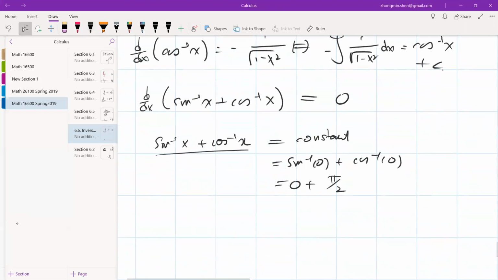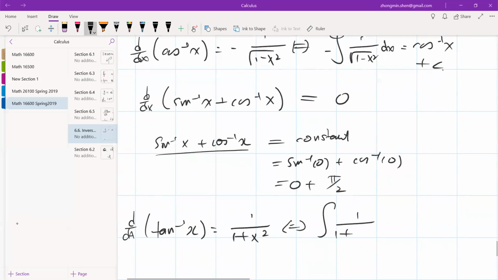But the derivative of arctangent x is going to be 1 over 1 plus x squared. So next time if you see the integral like this, you just need to write down, hey, this is arctangent x.